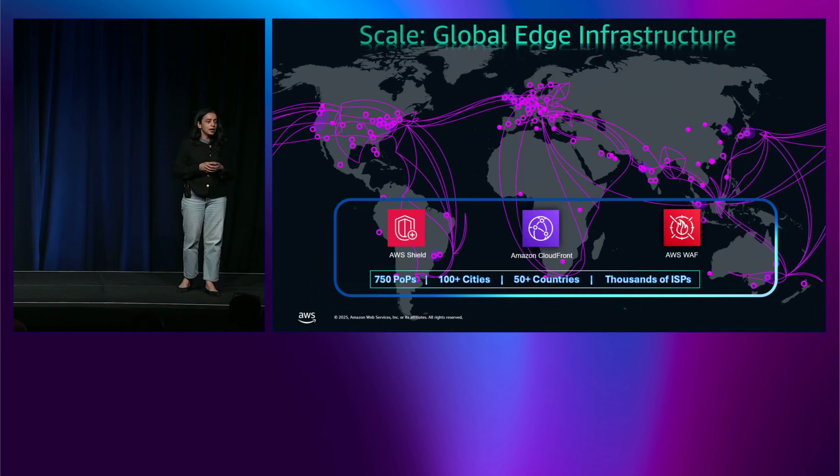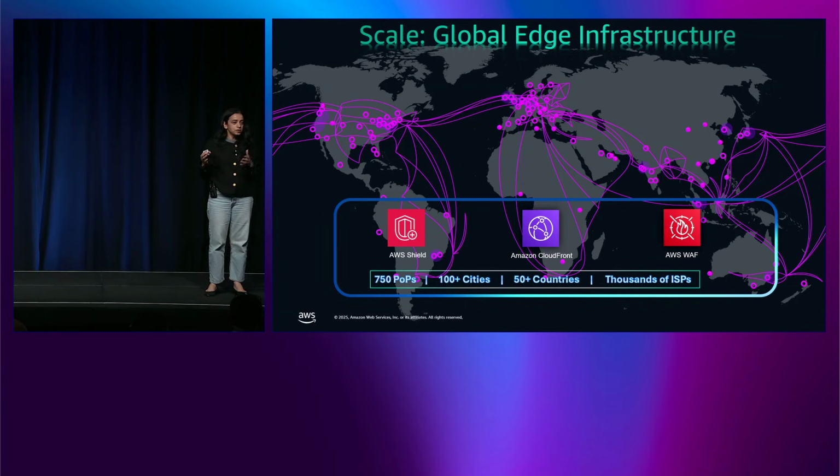This is where the AWS Edge and CloudFront help. It starts with scale. CloudFront is deployed at the edge of the AWS network. We have 750 different points of presence.